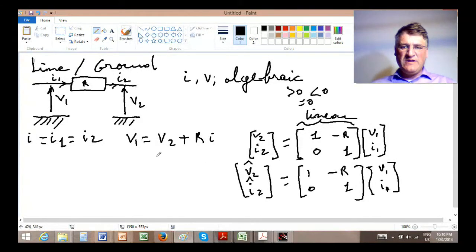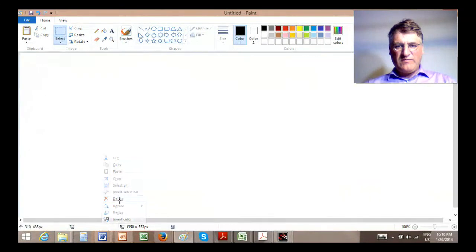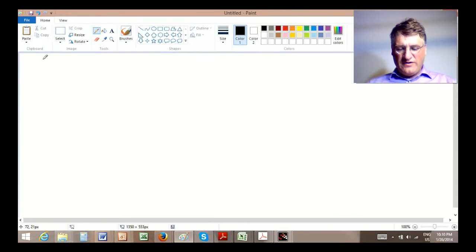Okay, now let's look at some other components. So the other components include the capacitor. A capacitor satisfies the following.